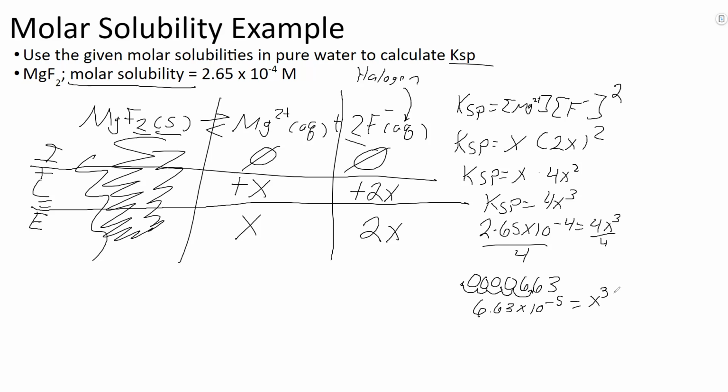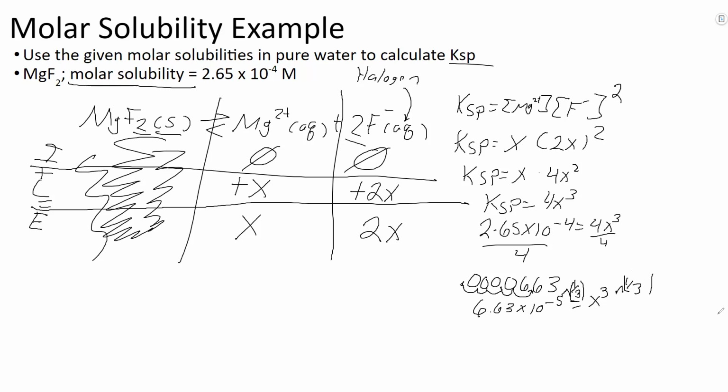So the way to get rid of a 3 is that you cube root everything. And if you don't know how to do that on your calculator, you raise everything to the power of 1/3. That is the same thing as doing a cube root. I know for me, doing anything that's not a square root, I always found that hard to find on my calculator, especially during a test. So that is the fast way to do it.